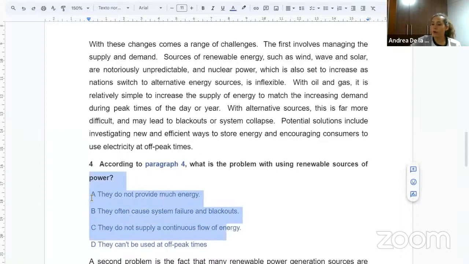And we have these 4 options. So it's a detailed question. I'll give you guys 1 minute to answer it.